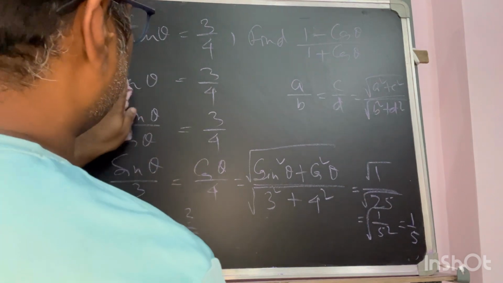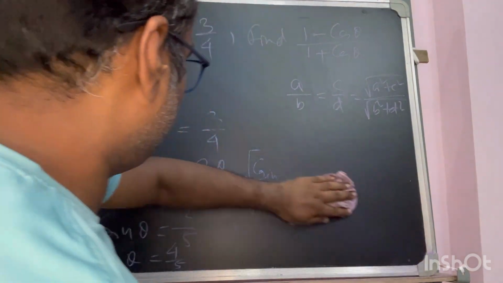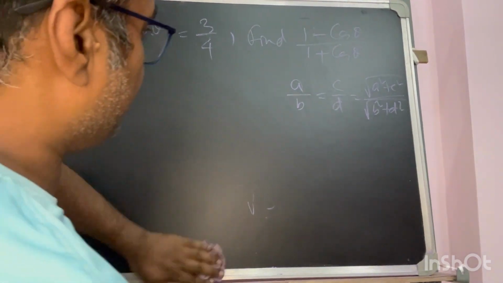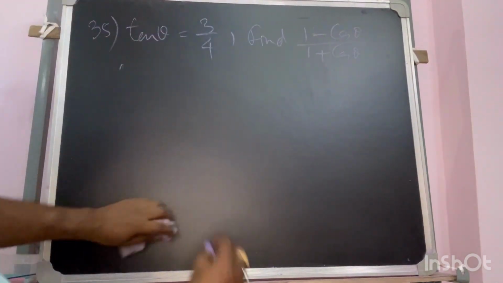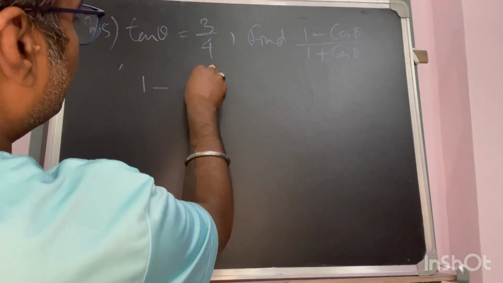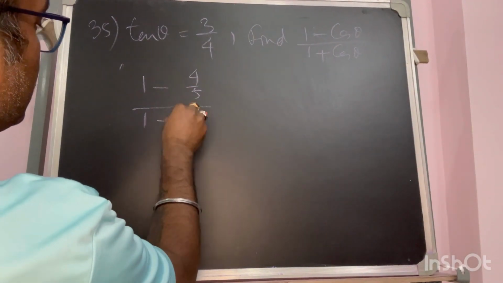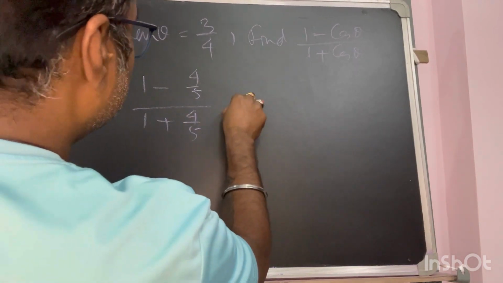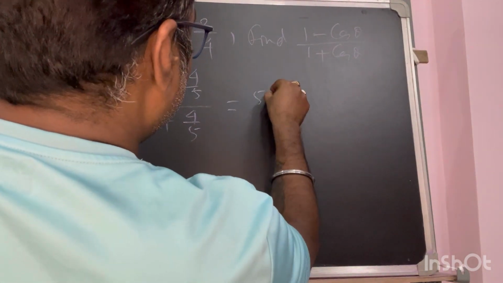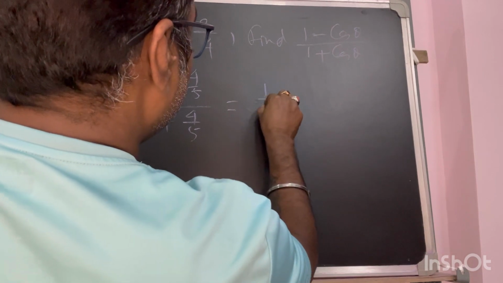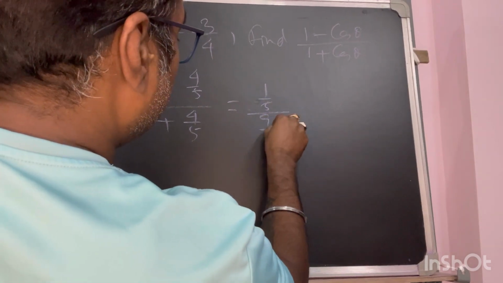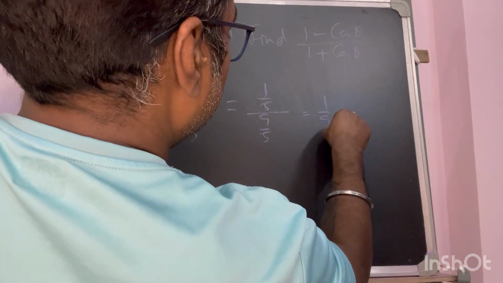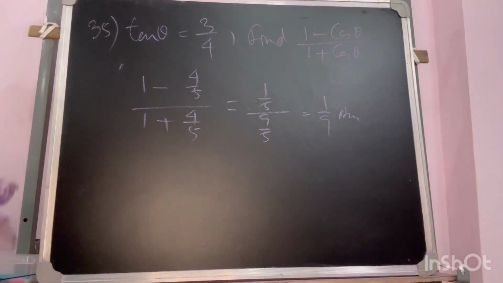Now everything is in the form of cos. So cos is 4 by 5. If I put the value there, I will get 4 by 5 upon 1 plus 4 by 5, that is 1 by 5 upon 9 by 5. So that will give you 1 by 9. That is the answer. Okay.